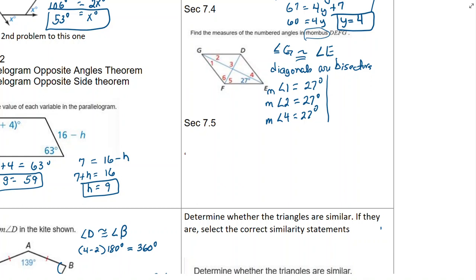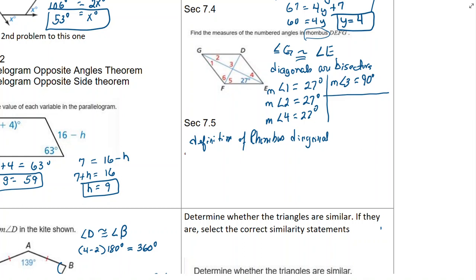So if we know that, then we know that the measure of angle 3 is 90 degrees by definition of rhombus. Covered that at the beginning of this lesson. So we've got 90 for that one.